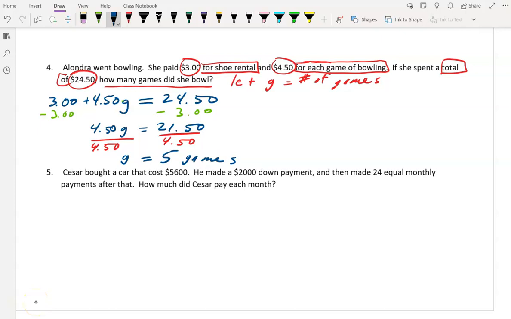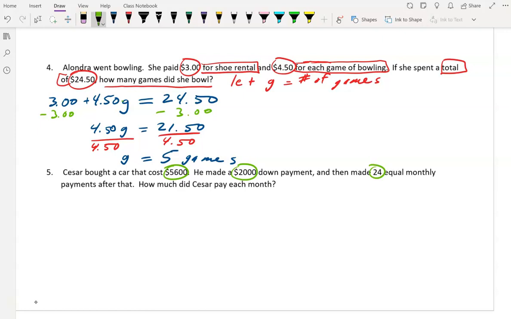Okay, for this next one, Caesar bought a car that cost $5,600. He made a $2,000 down payment and then made 24 equal monthly payments after that. How much did Caesar pay each month? All right, first things first, let's go through and circle our numbers: 5,600, 2,000, and 24.